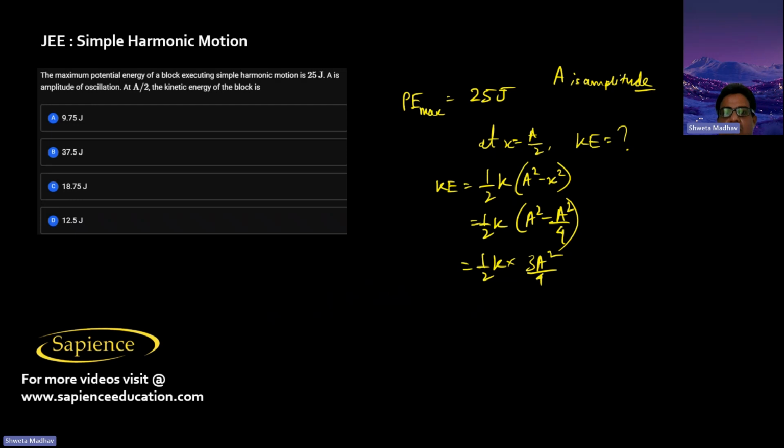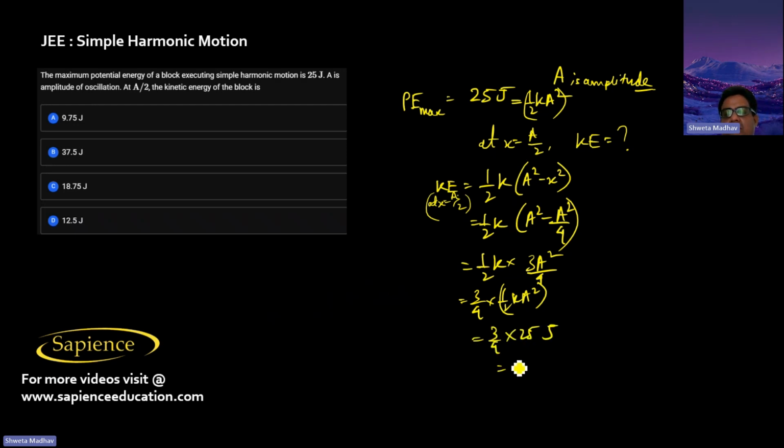The maximum potential energy is given as half k A square. So half k A square value is 25 joule. So therefore, the kinetic energy at x equal to A by 2 will be 3 by 4 into half k A square, which is 3 by 4 into 25.